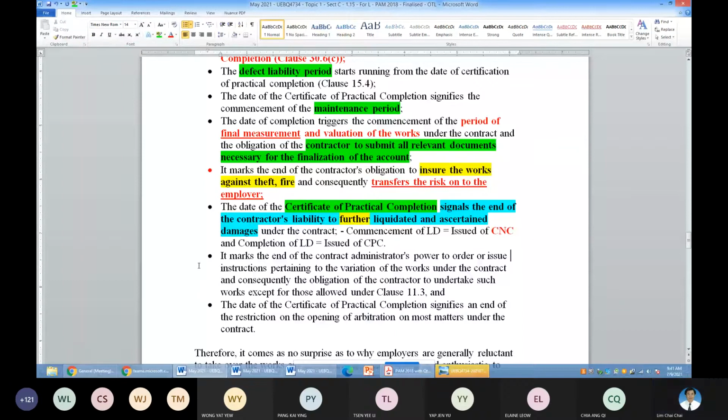And then the last date for the LD calculation is the date of the CPC. So then you know the maximum already.